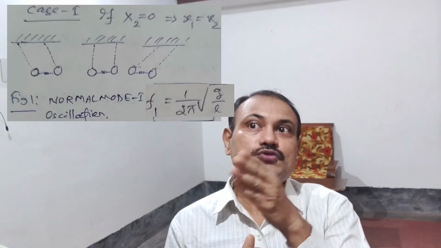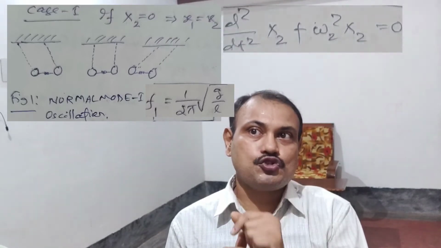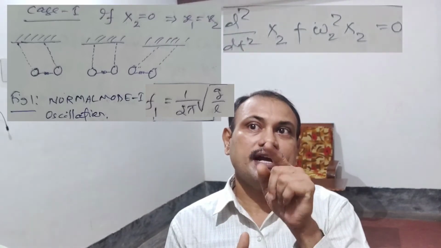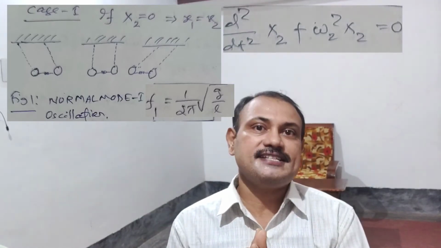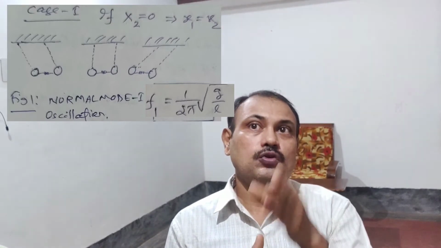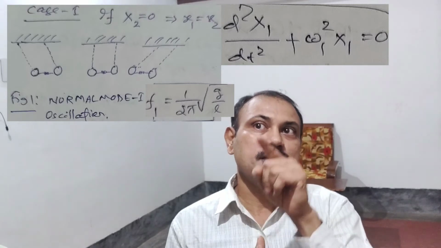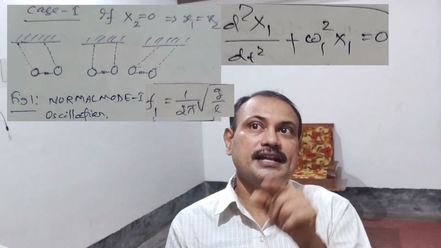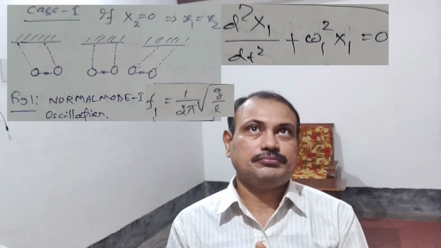In that case, the second normal mode equation, d square by dt square of capital X2 plus omega 2 square capital X2 equal to 0, completely vanishes, because X2 does not play any role. Now the only equation that remains is d square by dt square of capital X1 plus omega 1 square capital X1 equal to 0. This equation alone describes the motion.